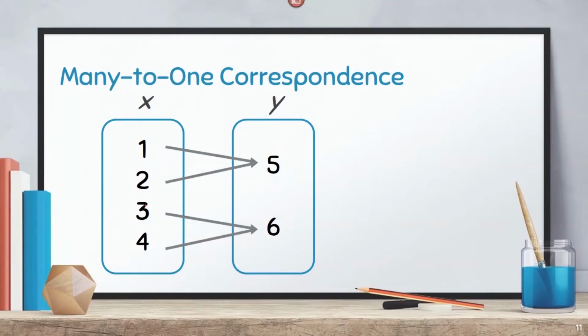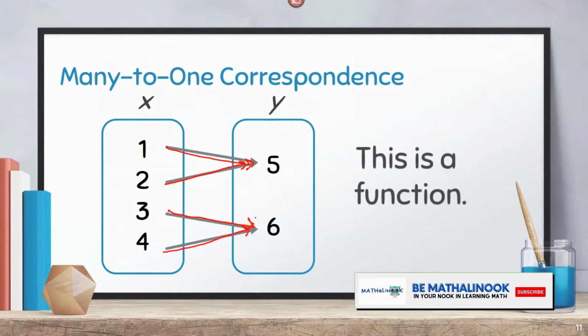On the other hand, in many-to-one correspondence, see that each value of x is being paired to only one value of y. Like 1 is being paired to 5. It is not being paired with any other value. 2 is also paired to 5 only. The same goes for 3 being paired to 6 only and 4 being paired to 6 as well.